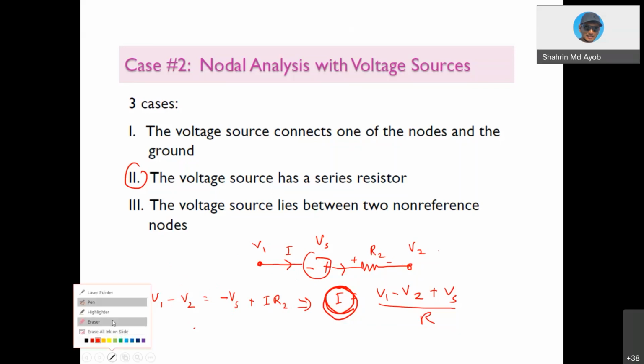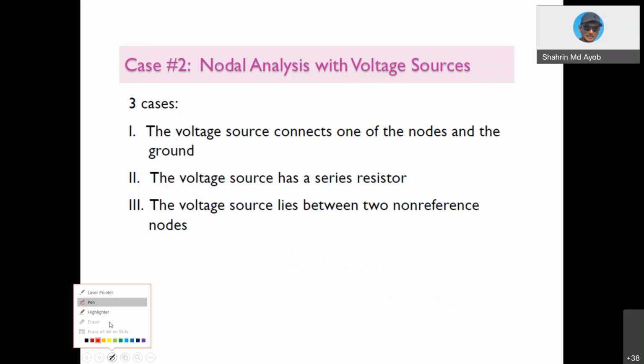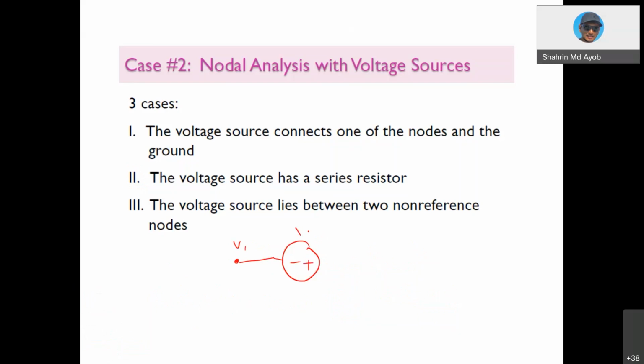Okay, Doctor, thank you. I can also write this one: V1, same. This one negative, this one positive Vs. This one is your resistor, and this one is V2. Now I assume that my current will flow from V2 to V1, so the polarity of the resistor must be positive here, because current must enter the positive terminal of the resistor.